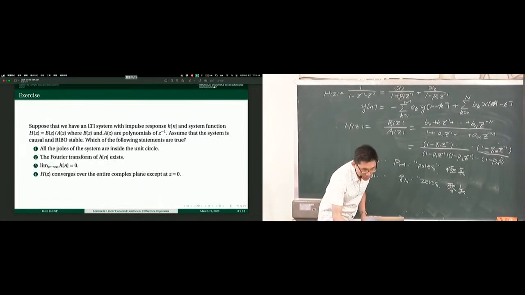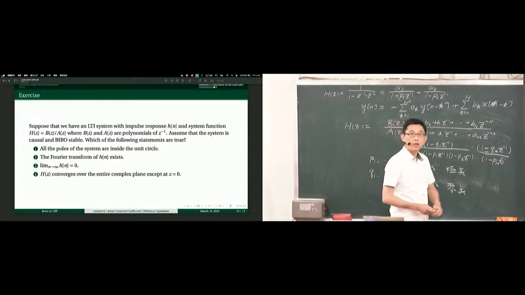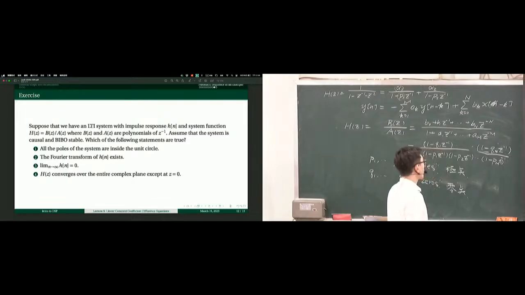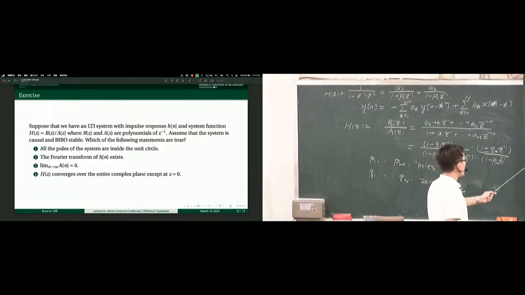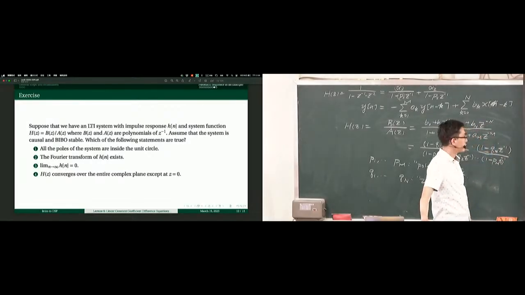Now here comes an exercise for us to take a look together. This is a multiple-choice exercise. We have 4 statements with conditions, to see if we grasp the ideas that we are studying today.